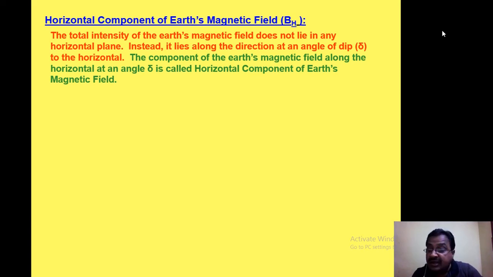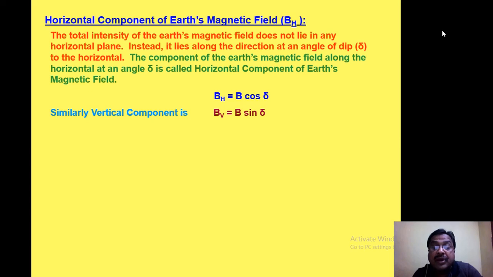So its value, from the figure, the horizontal component BH will be B cos delta and the vertical component BV will be B sin delta.